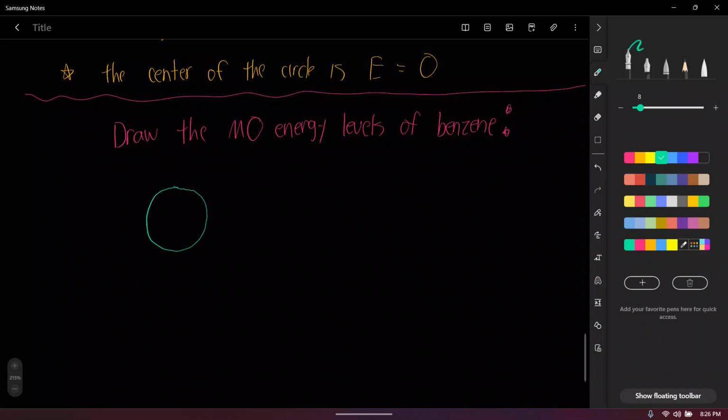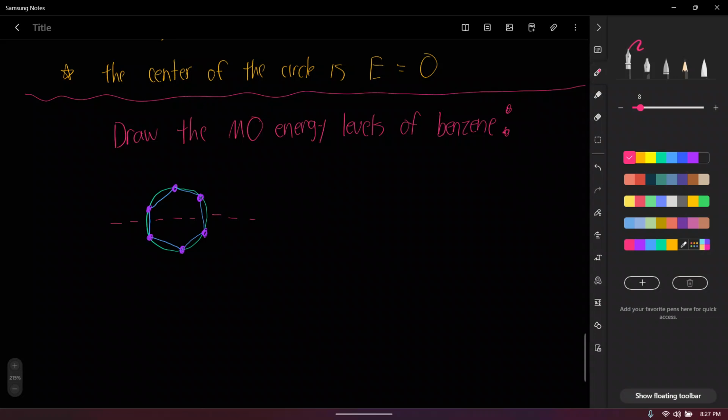Once I draw my circle, I know that I have to orient my benzene so that it is resting on a point, like that. Then I know that my energy levels are going to be where my circle and my benzene meet, which means they're going to be here, here, here, here, here, and here, and this is a little bit lopsided. And then I know that the 0 energy line is going to be right in the center of the circle. So it's going to be there.